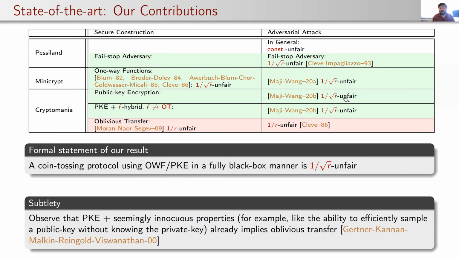So our hardness of computation results have to avoid such subtleties. In fact, our public key encryption is like the vanilla public key encryption, which does not have these properties, and we crucially rely on such absence of innocuous properties that people typically tend to assume. Any questions at this point?